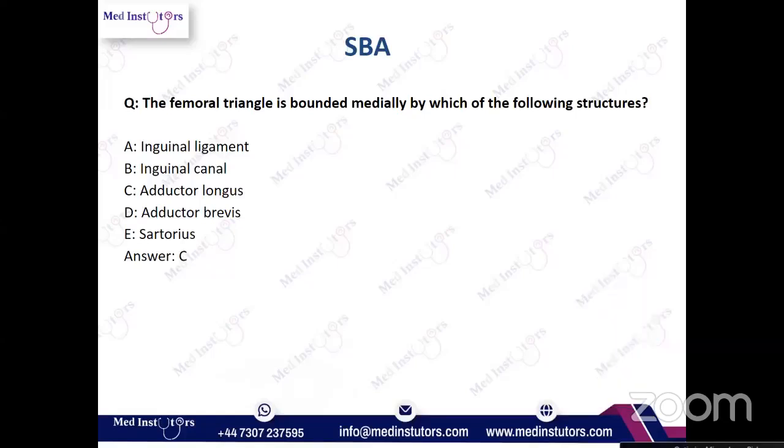Okay, that's perfect. C is the right answer. Please tell me which border of the adductor longus muscle makes the medial border. I just want to make sure you have a good understanding. That's brilliant.